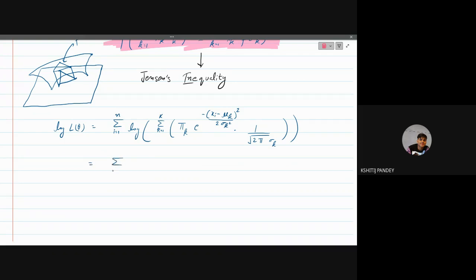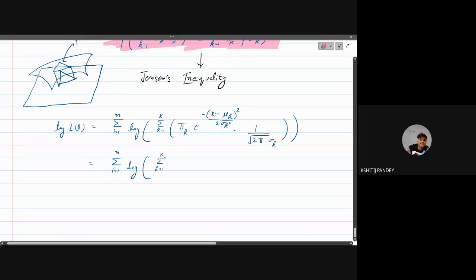summation i from 1 to n, log, summation k from 1 to capital K. Now here you have lambda ki.